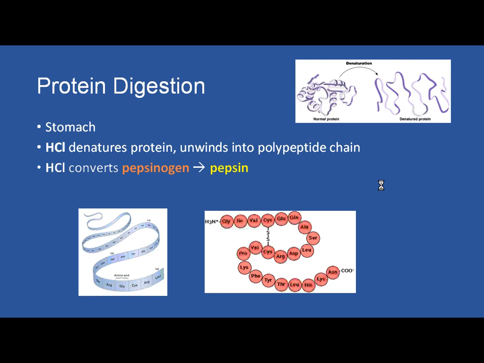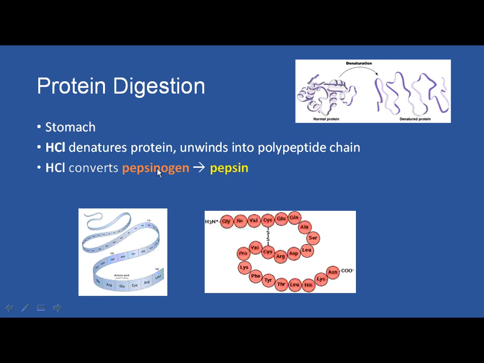And recall that hydrochloric acid has a really important job in that it activates pepsinogen, which is the inactive form of pepsin, into its active form, which we then call pepsin. So this is actually the enzyme that is doing the breakdown of the proteins.